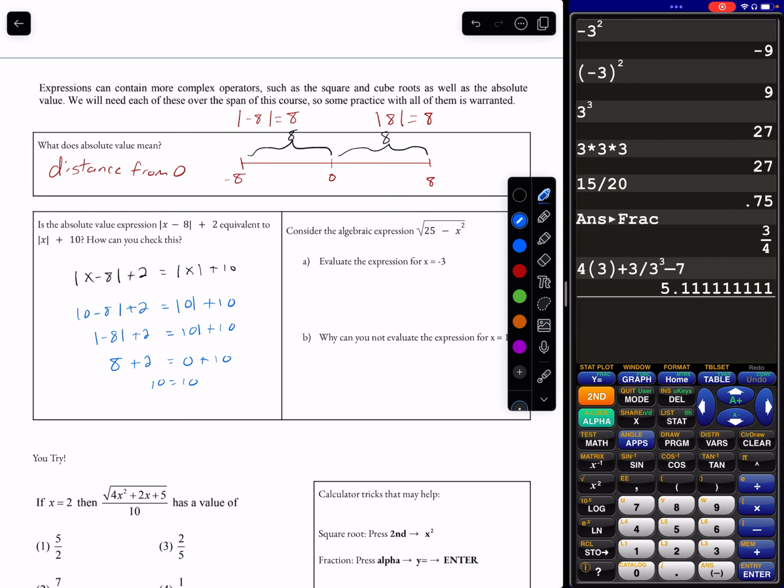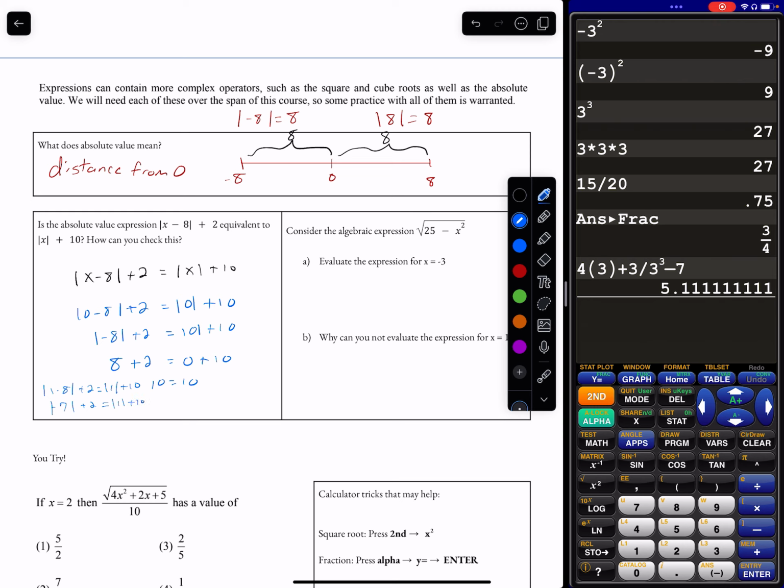Now, let's try another number like 1. I would do the absolute value of 1 minus 8, plus 2. Is that the same as the absolute value of 1 plus 10? 1 minus 8 is -7 plus 2, and then 1 plus 10.